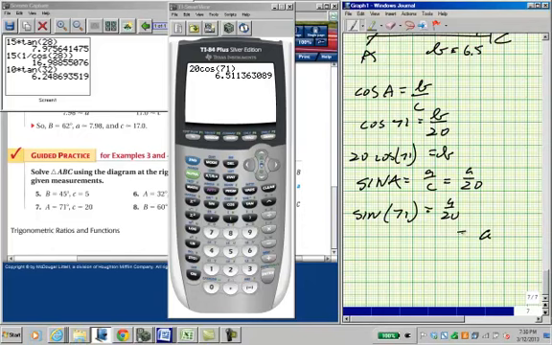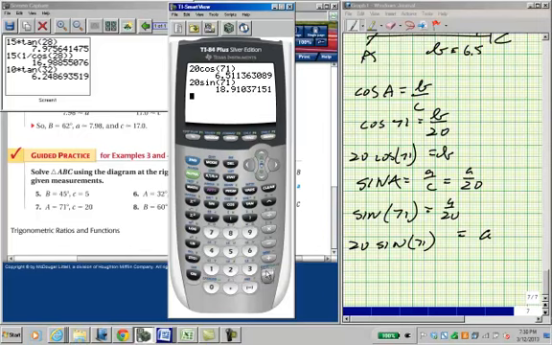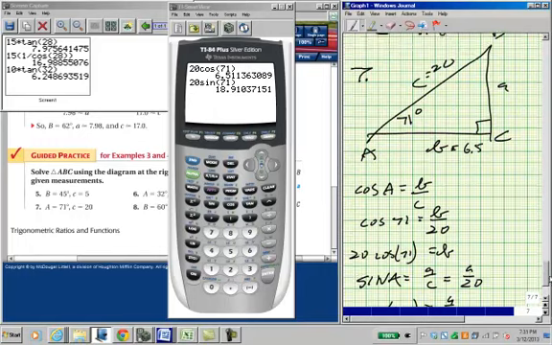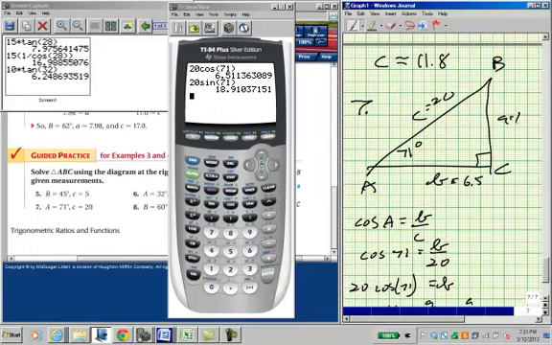A equals 20 times the sine of 71. Okay, so that triangle.